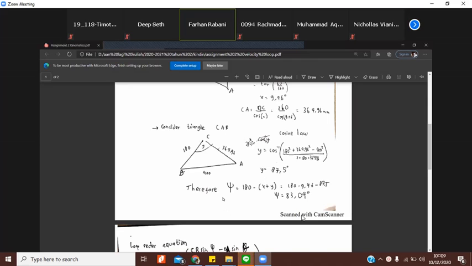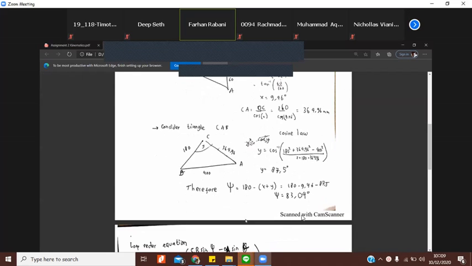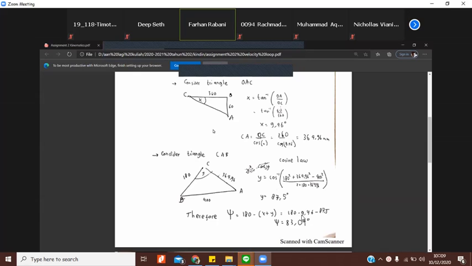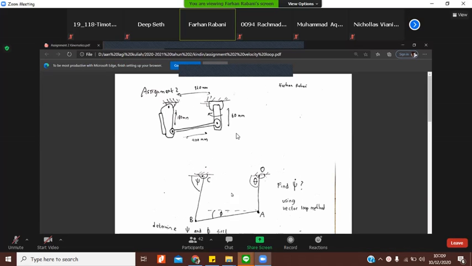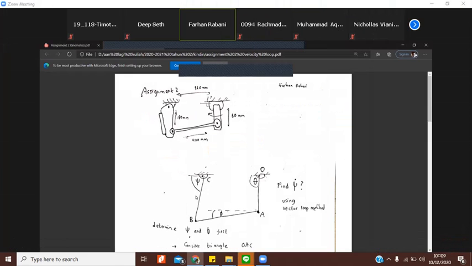Therefore, the psi angle is 180 degrees minus X plus Y. X is here, and Y is here. 180 minus this angle is the psi angle.